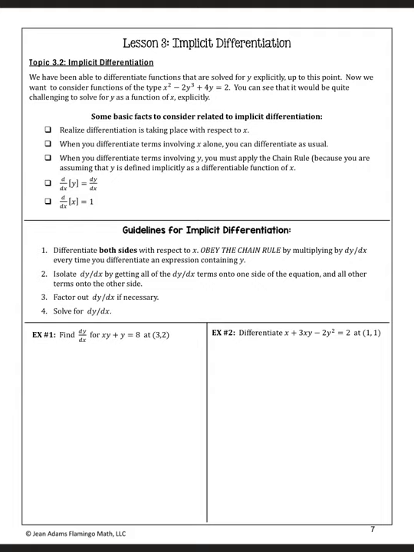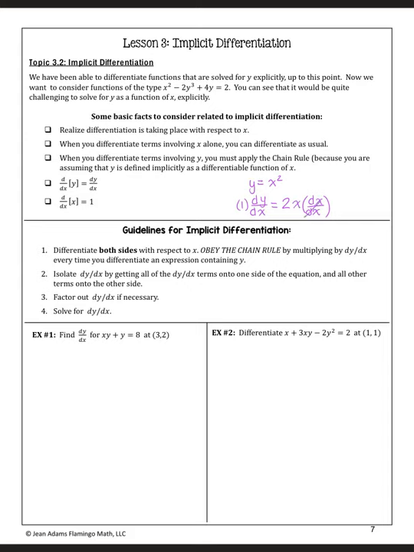Now we've actually been doing this already, but we just haven't explicitly said so. If I have y equals x squared, and I take the derivative with respect to x, the derivative of y is dy dx, and that is equal to 2x dx dx.